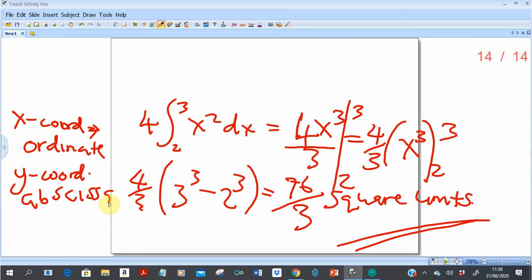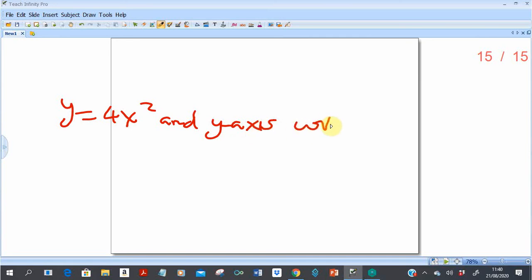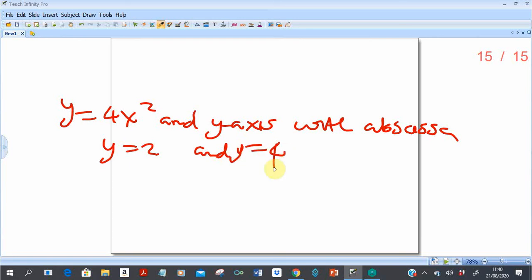We have an exercise. Find the area bounded by the curve y is equal to 4x squared and the y-axis, with the abscissa, that just means the y coordinate, y is equal to 2 and y is equal to 4. So the curve is given by that.